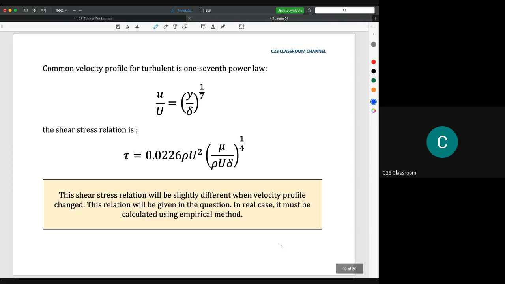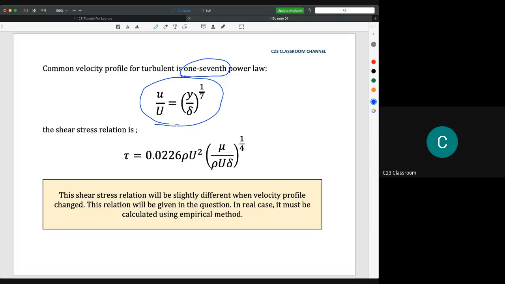Let's say the most common velocity profile for turbulent flow is called the 1/7 power law. 1/7 means the power for y over delta here is 1/7. This is the common velocity profile for the turbulent boundary layer.